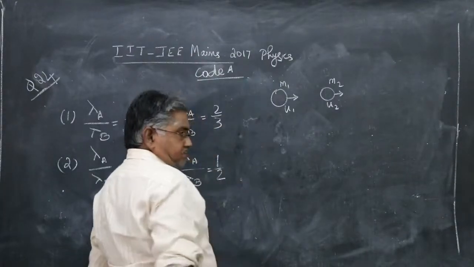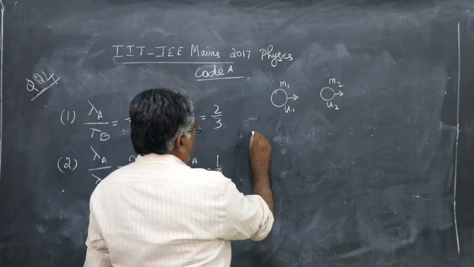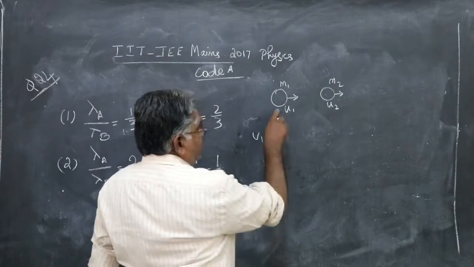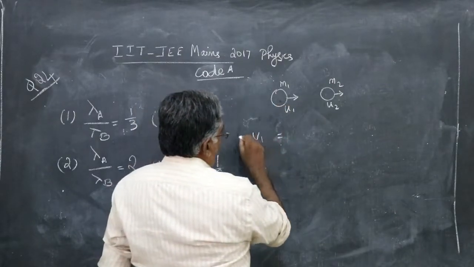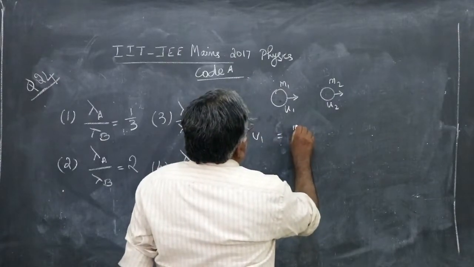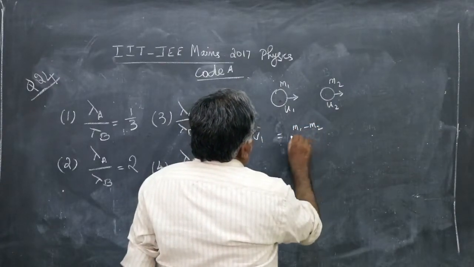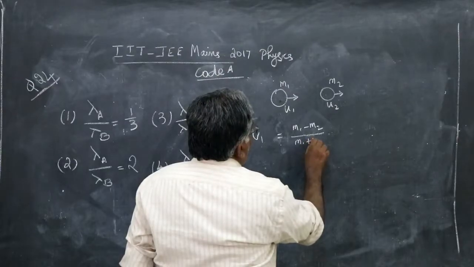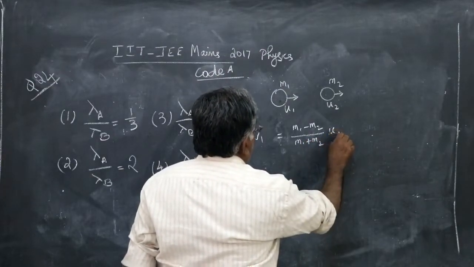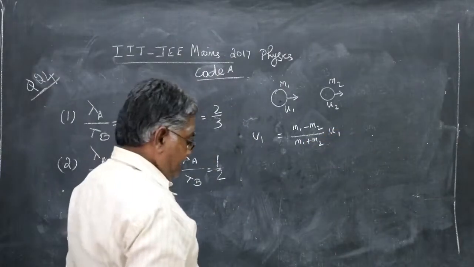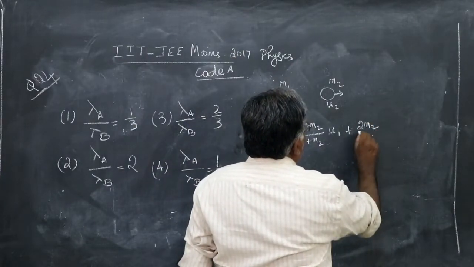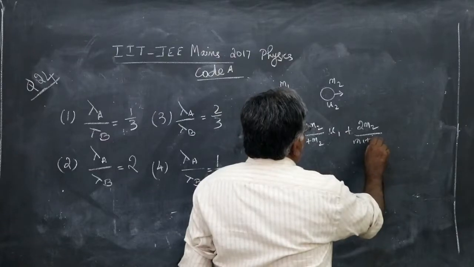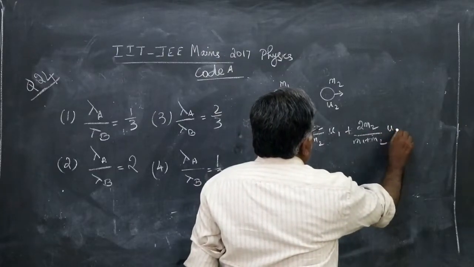From the derivation we get v1, that means the velocity of this body after the collision, is (m1 minus m2) by (m1 plus m2) into u1, plus 2m2 by (m1 plus m2) into u2.